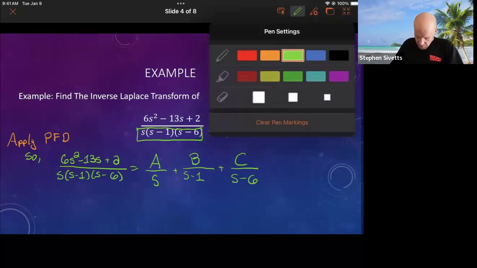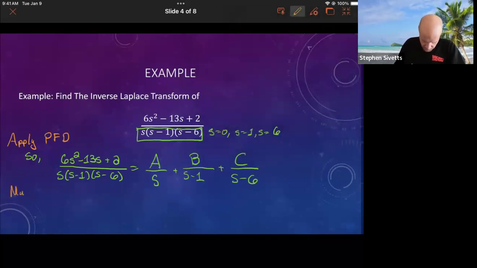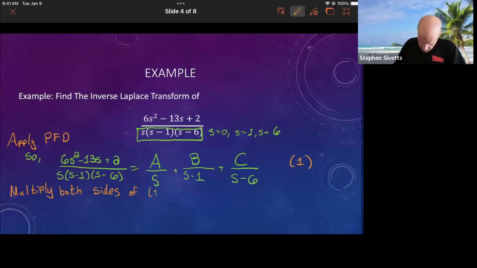Next, what we want to do now is multiply both sides of this equation by the factors in the denominator.